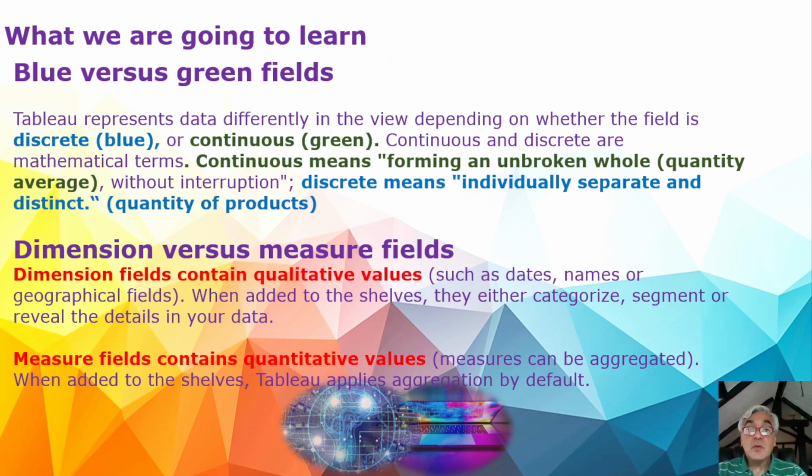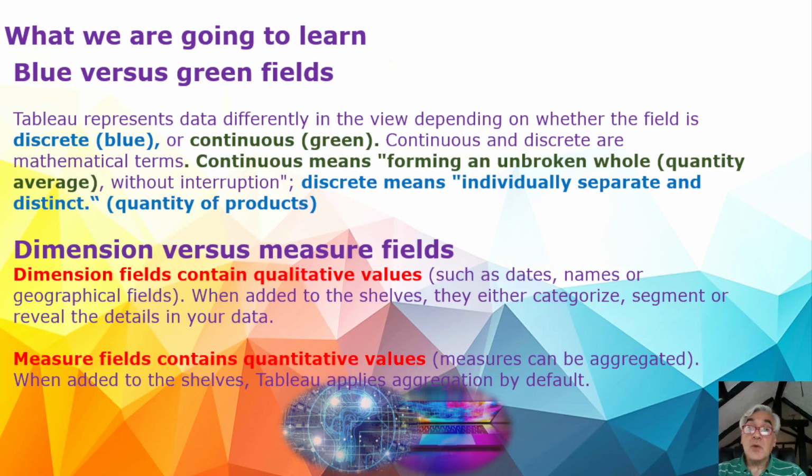For example, the quantity average, which means that the average may be from one number to a lot of numbers continuously, right? Without being discrete. Discrete is, for example, 1, 3, 5, but quantity average may be with a lot of decimals and is continuous. On the contrary, discrete means individually separated and distinct, clearly distinct numbers.